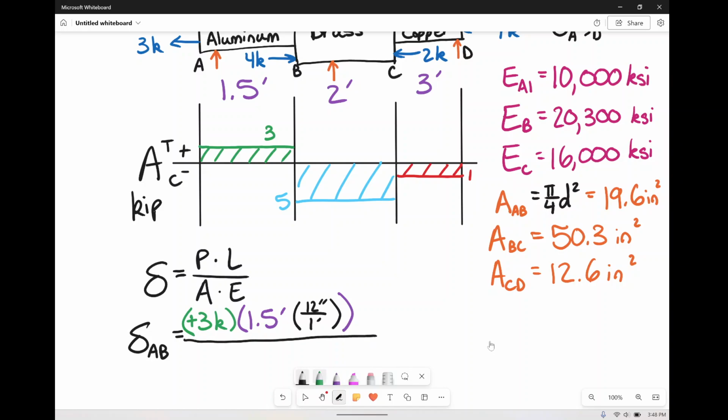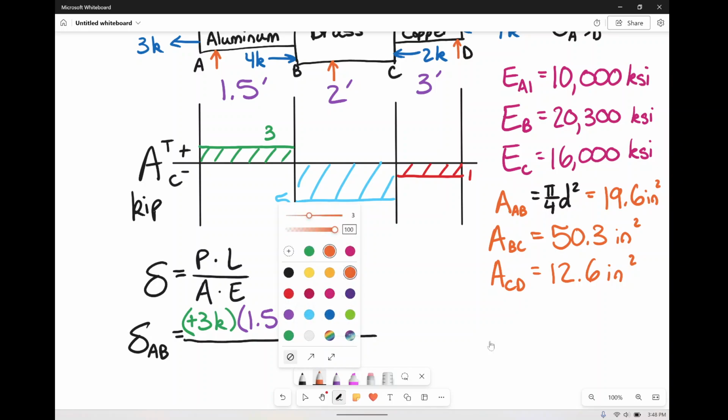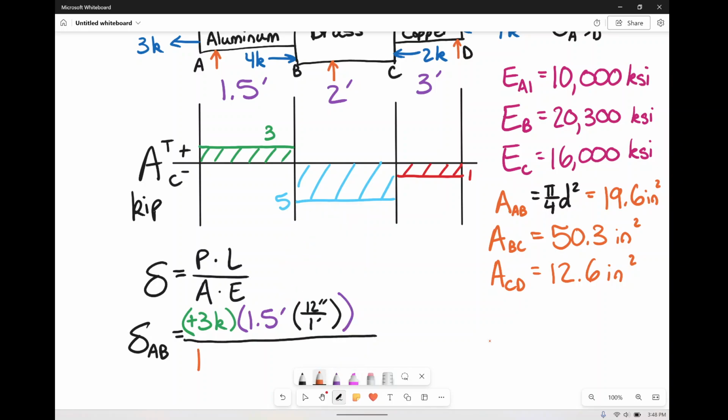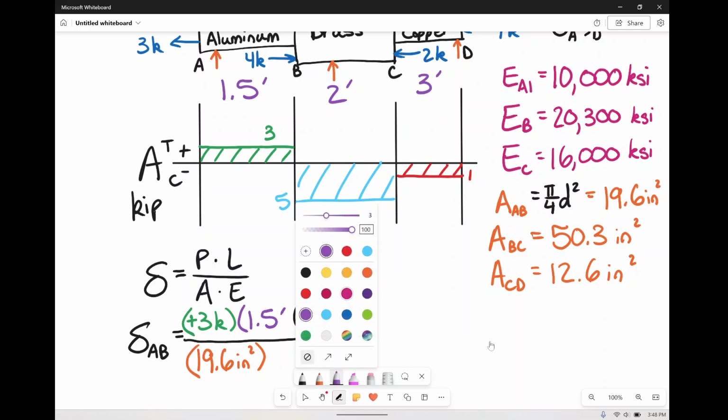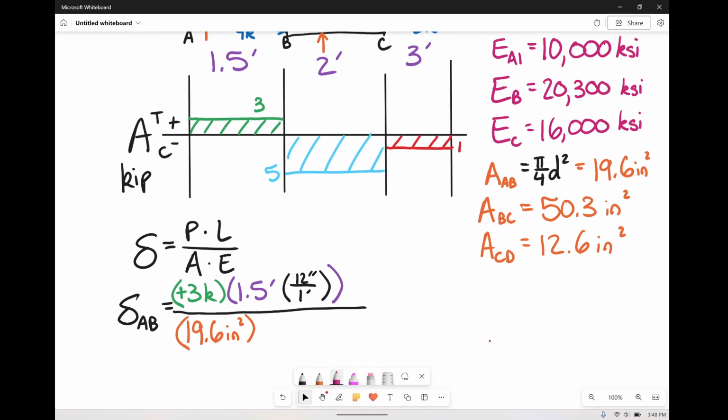Then divided by the area, which is in orange over there, the area for AB is 19.6 inches squared. And lastly, E for aluminum, which we have as 10,000 KSI. So what did we get from all of this? We get 0.000276 inches.